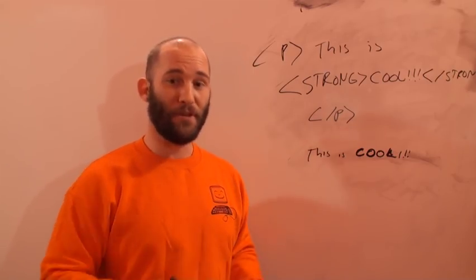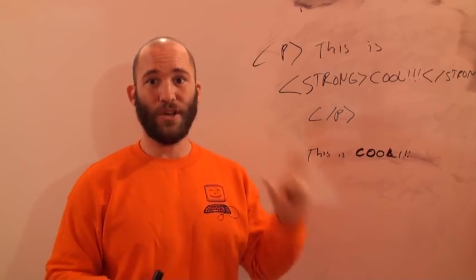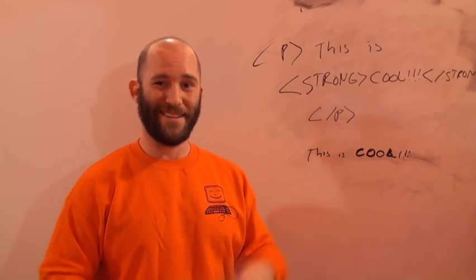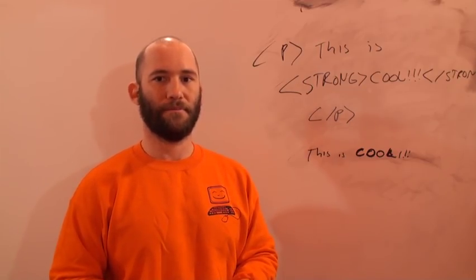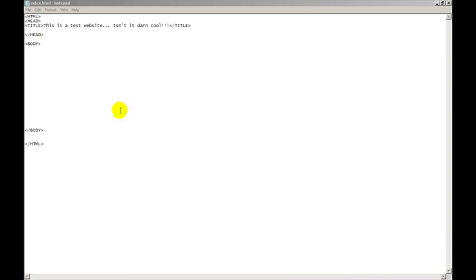Let's go onto the computer right now, and I'll actually show you this on a real web page so you can understand how it works. So now we will program in a few of the titles, and I'll show you how the text works. We have the HTML, we have the head, and now we are going to be in the body. You put any of the information that you want people to see in the body.